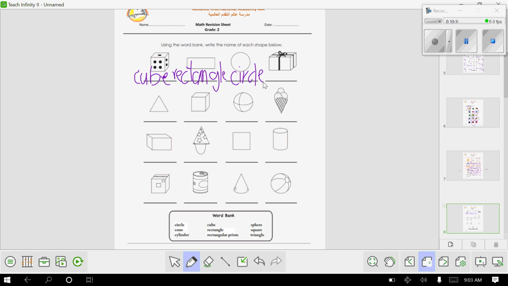Here is the gift box. Perfect, it's a rectangular prism. Here is the 2D shape. Perfect, it's a triangle.